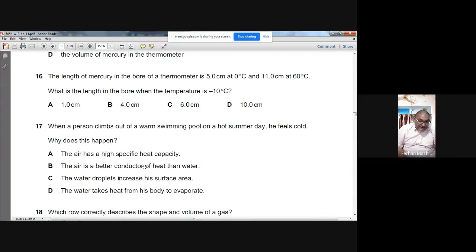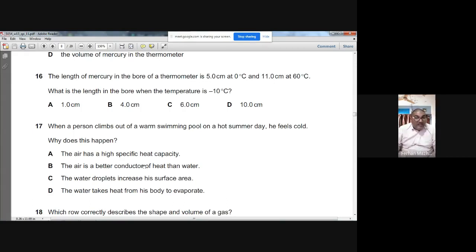When it goes on the other side, it will add up, plus 5. So the answer will be minus 5 centimeter. Wow, what? We don't have that answer here. So let me check my calculation again. L3, what is the length in the bore when the temperature is minus 10?